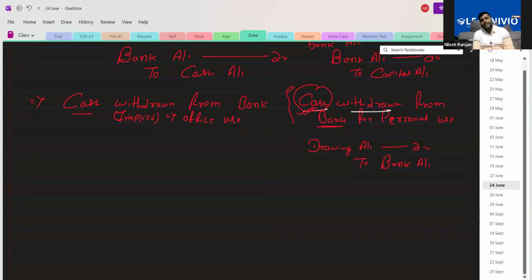If it is not written, then also it is implied that it is for office use. Whenever it is personal use, they will give this information in the question. They will not hide that it is personal use. So if it is not specified, it means it is office use.